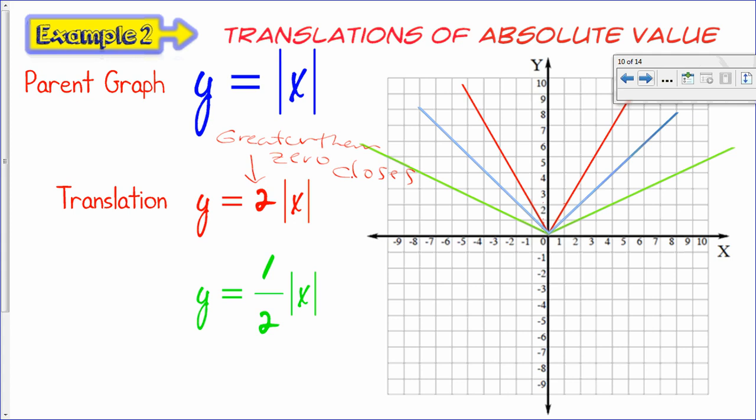If it's, what can I say here? Is that greater than 0? Yes. Okay, so it has to be less than what? 1, which is a fraction. It does what? Opens it up, right? You guys with me? Okay. If both of those were negative, then it would do what? Flip it down, right? Close it up.